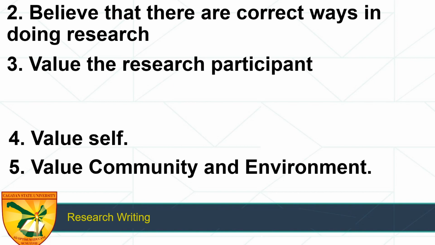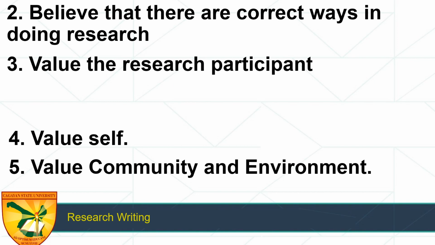Other considerations: number two, believe that there are correct ways of doing the research. Of course, your research participants are indispensable. They should be the ones that choose to join your research. You do not force them to join, and they cannot be worse off by joining the research.